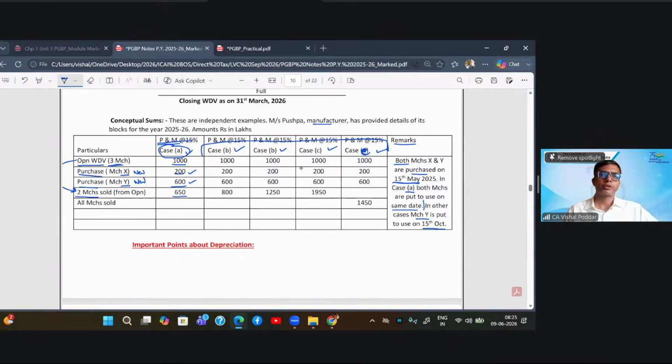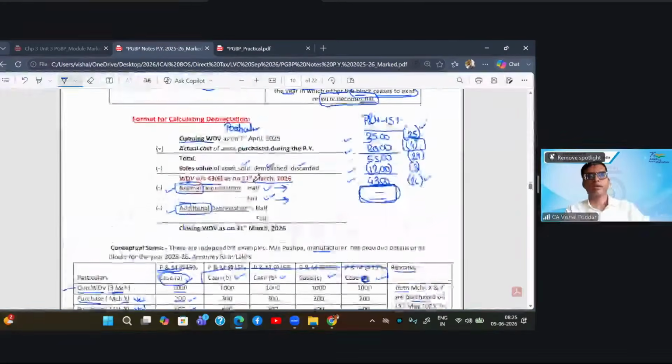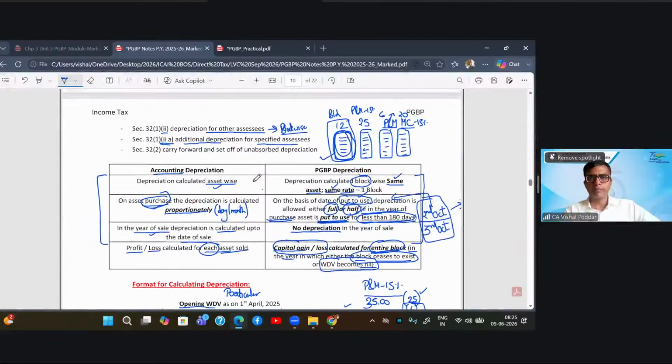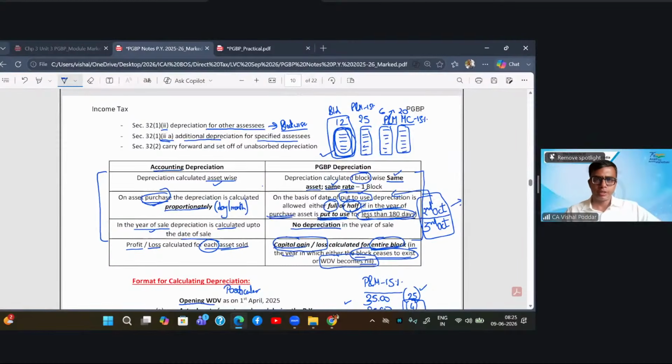Now, when you have to do depreciation calculation, you have to check for half and full. So Aditya, now pay attention because you had asked me a query, what is half, what is full? So we had studied in the provision that where the asset is purchased and in that year it is also put to use for less than 180 days, you will claim half depreciation.